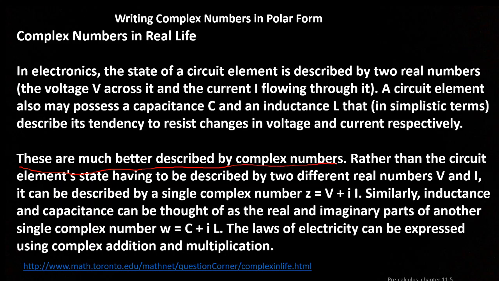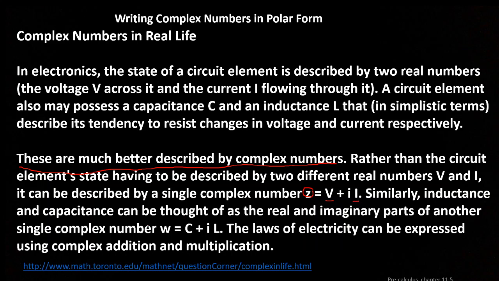Well, instead of talking about voltage and the current in a circuit, we can talk about voltage and current as components of a complex number. So we can think of one complex number that combines the voltage and the current.